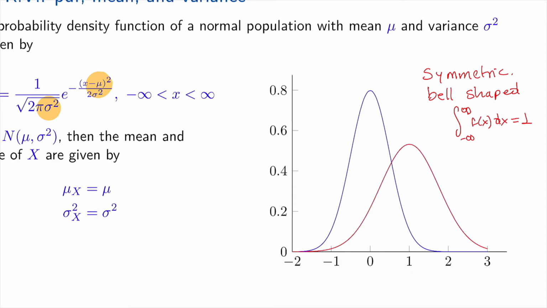In the first case we have this distribution with mean mu, and the standard deviation is the thickness of the bell. In the second case we have another normal distribution with mu equal to 0, and the standard deviation is smaller in this case.